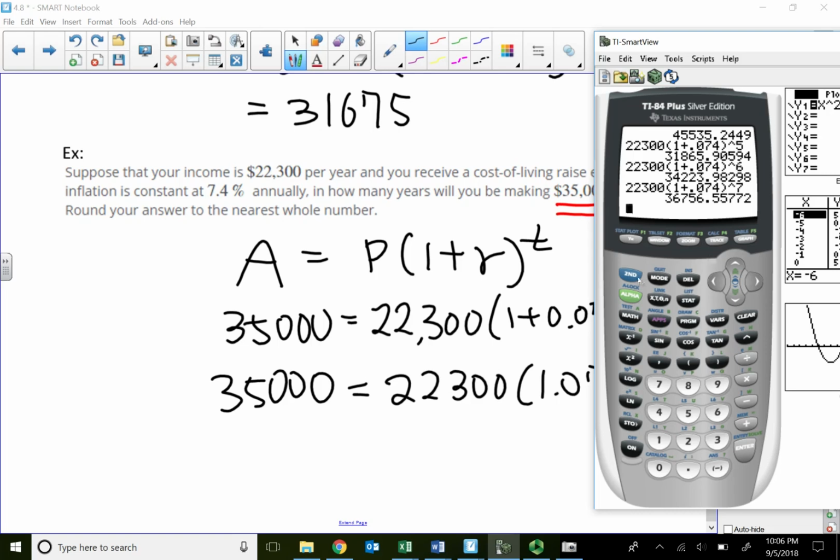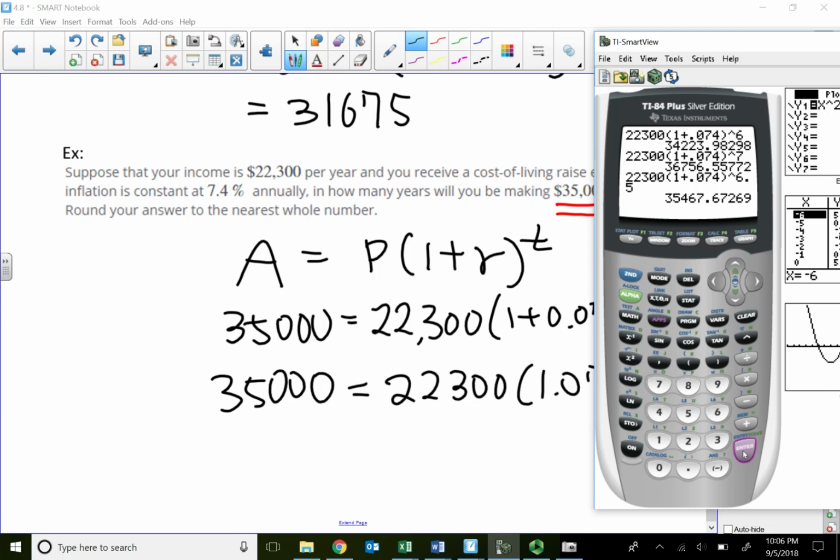All right. So I know it's going to be between 6 and 7 years, but which one do I round to? So I'm going to do 6.5. Okay, raising to the 6.5 power. Depending on how close it is to 35,000, I will know how to round. So 6.5 will actually push me over.